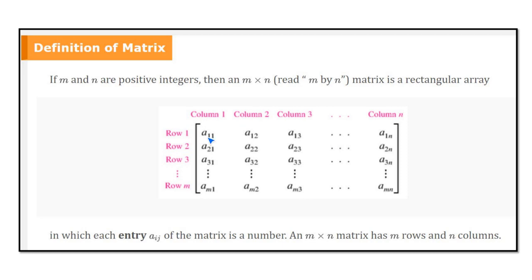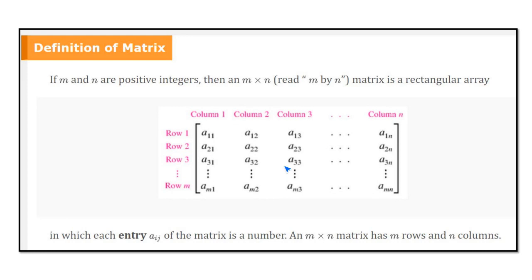If you notice here, we have a little a with a subscript 1, 1. The 1, 1 is the location of that number. Here, 1, 1 means first row, first column. So if I looked at this one here, that means this number is located in the second row, third column. Okay. And we're going to be using this to help us.